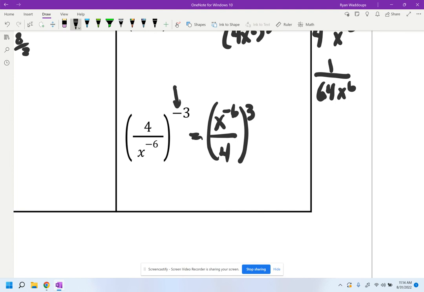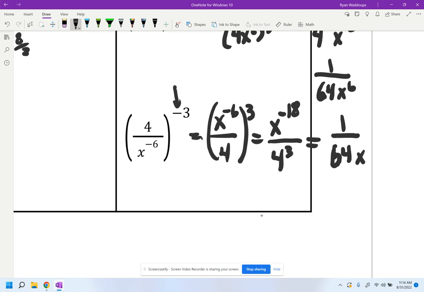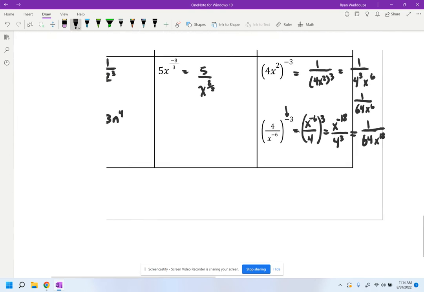And then this is x to the minus 18 over 4 to the 3rd power. And then this x to the minus 18 comes down, so it's 1 over 4 to the 3rd power, which we talked about is 64. And then we've got x to the 18th down here, positive in the denominator. And that's how you would go through and solve that kind of a problem.